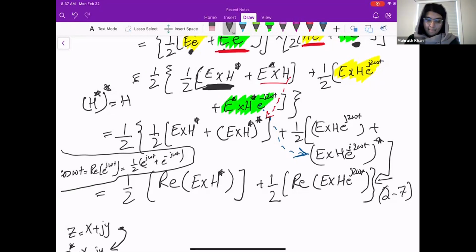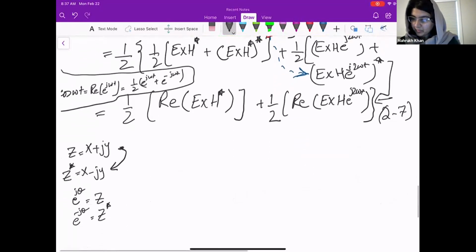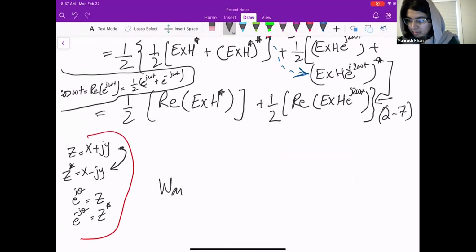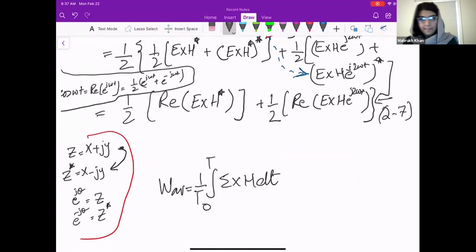That is fine. But what happens to the time varying field? If you remember, I said that if you want to calculate the average power, it's actually equal to 1 by T, integral from 0 to T, of E cross H dt, right?